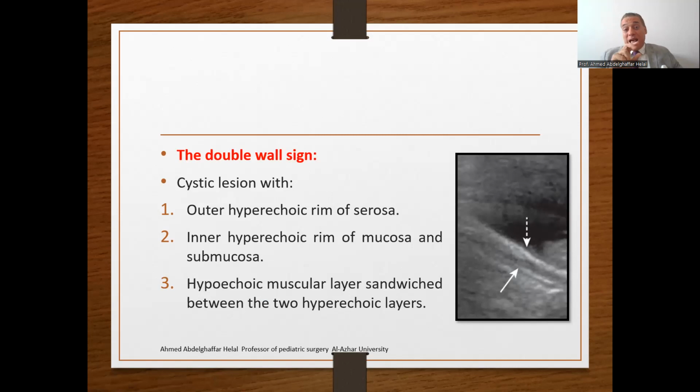If the cystic lesion shows these sonographic criteria, this is called the double wall sign, diagnostic of gastrointestinal tract duplication: two hyperechoic layers with one hypoechoic muscular layer in between.